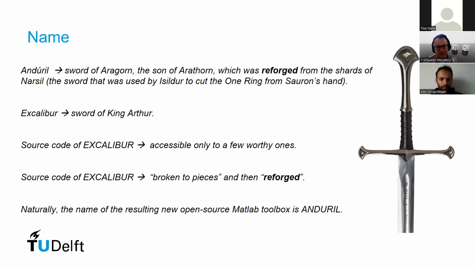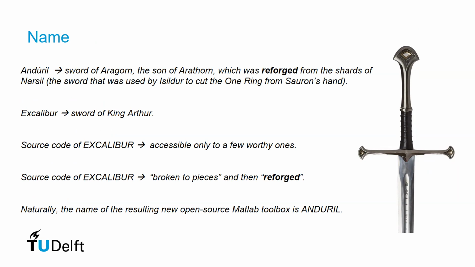In the email for the invitation to this talk, the name was already discussed, but I can't start a talk about Anduril without mentioning the name, right? So Anduril is the sword of Aragorn, the son of Arathorn, which was reforged from the shards of Narsil. And Excalibur was the sword of King Arthur, and we didn't really have any code for Excalibur.